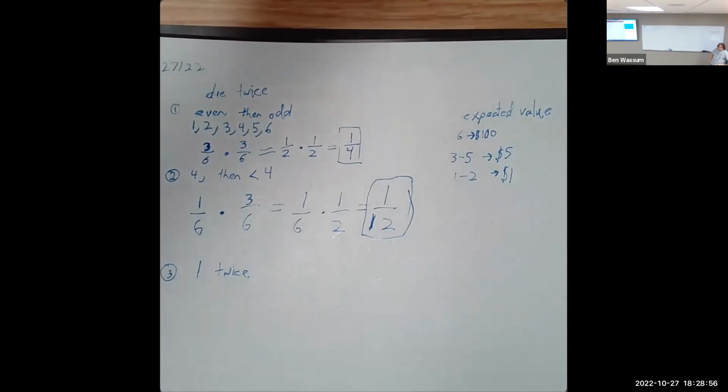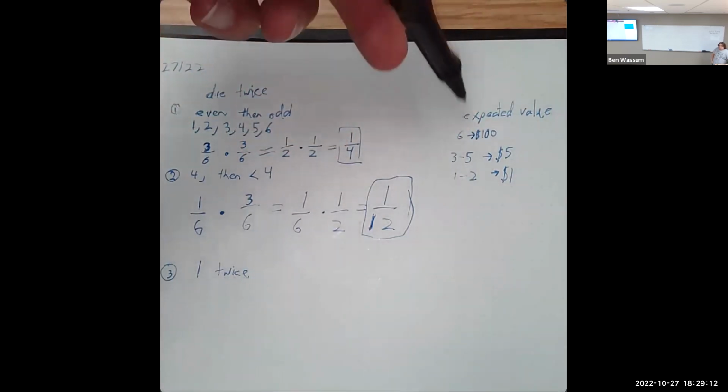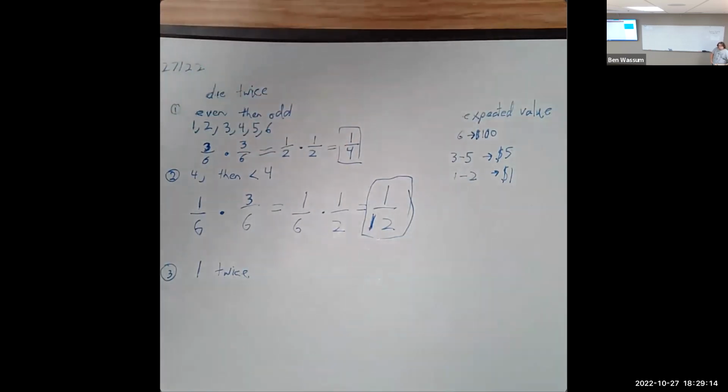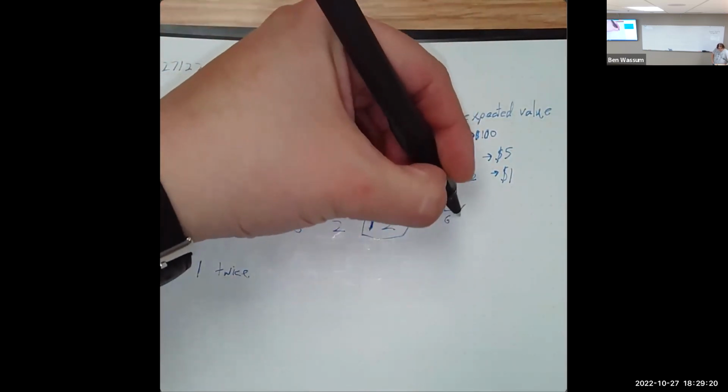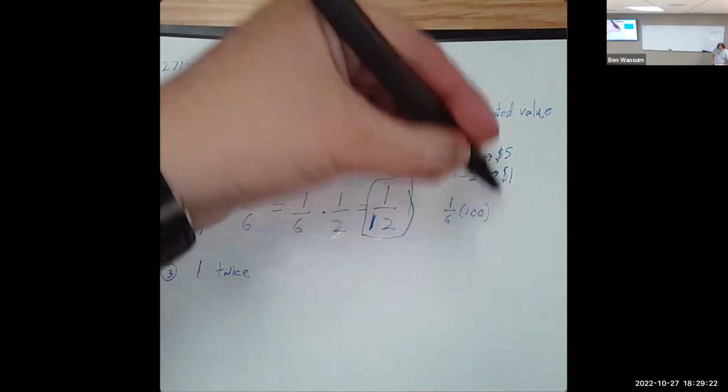So essentially expected value is calculating the eventual average value of doing something. So if I did this 100 times, what's the value? Well, the probability of getting a 6 is 1/6 times its value.